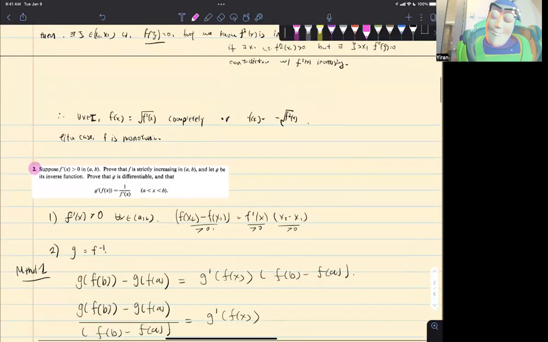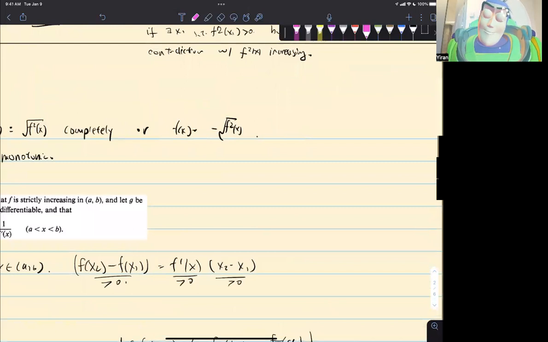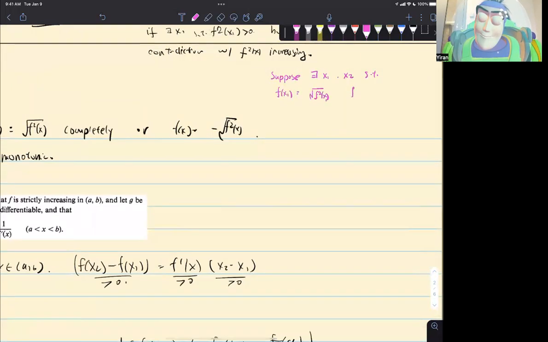So the argument here, let me write down from scratch. Let's prove by contradiction, right? Let's suppose there are x1, x2 such that f(x1) is equal to positive square root of f squared(x1), and f(x2) is equal to negative square root of f squared(x2).